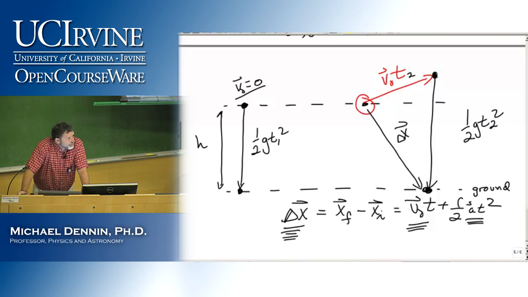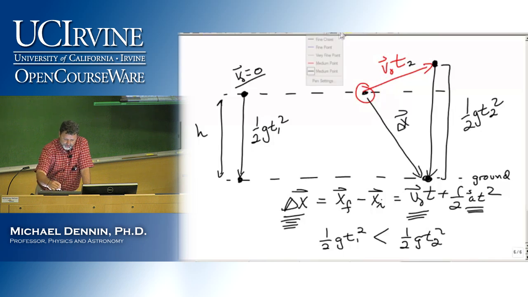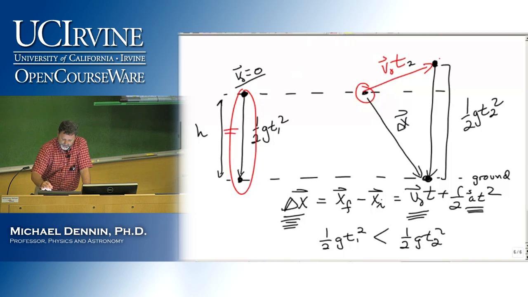So already from drawing the picture correctly, without any numbers, I know that 1/2 gt1 squared is less than 1/2 gt2 squared. Just look at the lengths of the vectors. That one's h, and this one has to be bigger than h by some amount x.